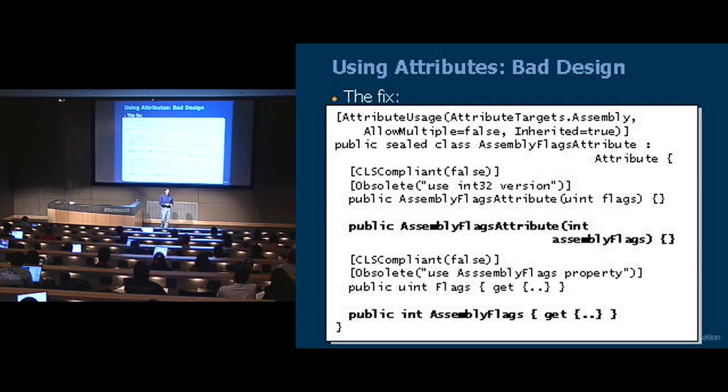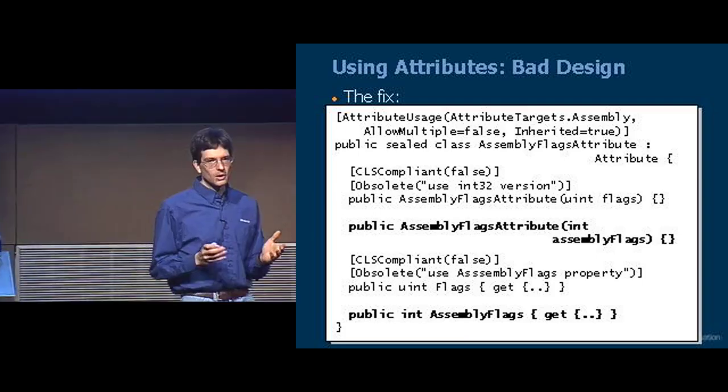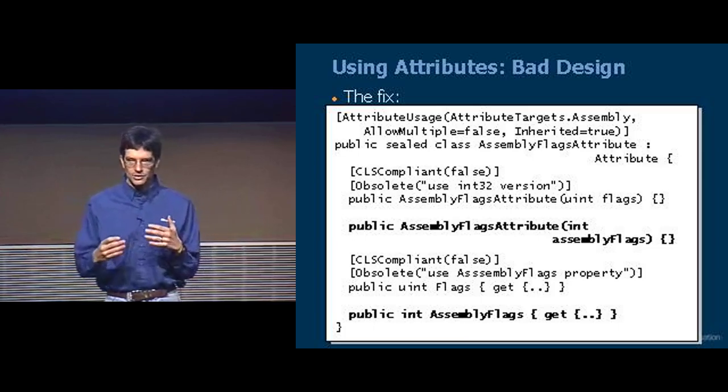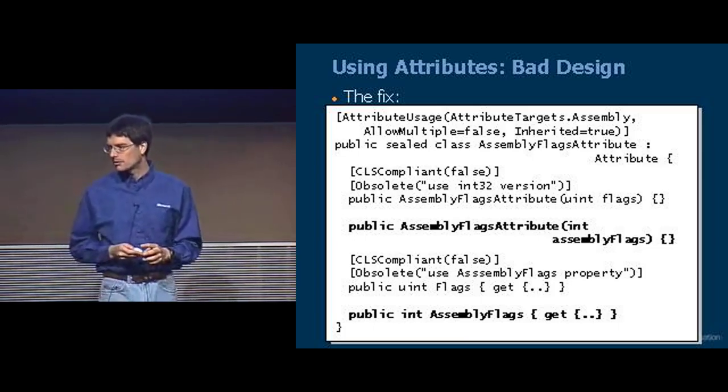We have to pick a new property name. So the change ended up being kind of painful in terms of the API surface here. What we had to do is obsolete the CLS-compliant false ones and add compliant versions with different names. So I think the moral of this story is to not ignore the error messages, but actually try to address them as you can right up front.